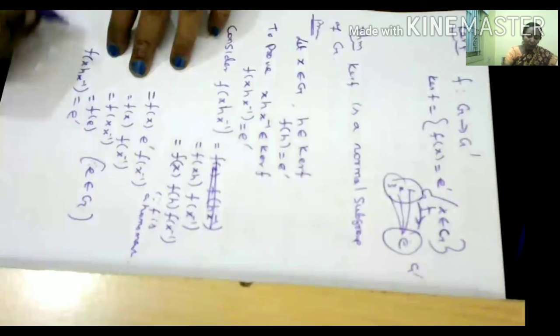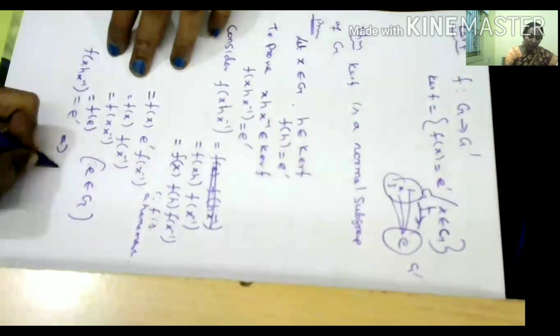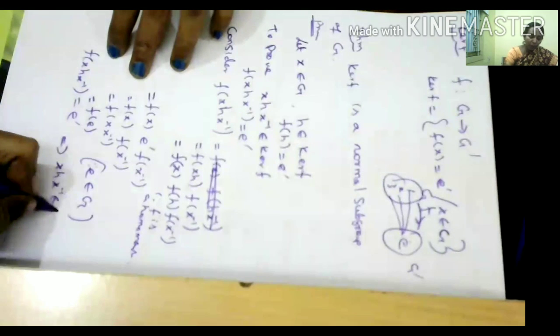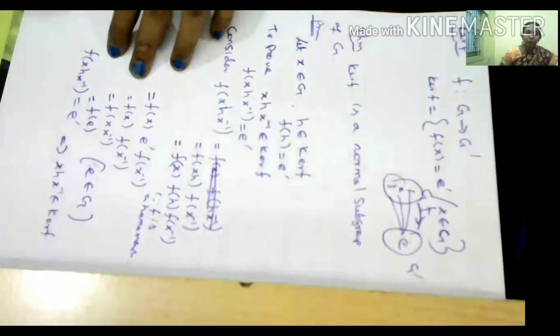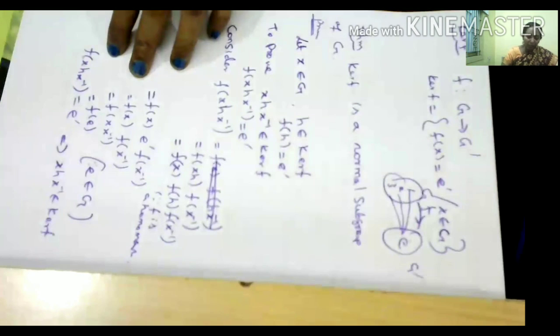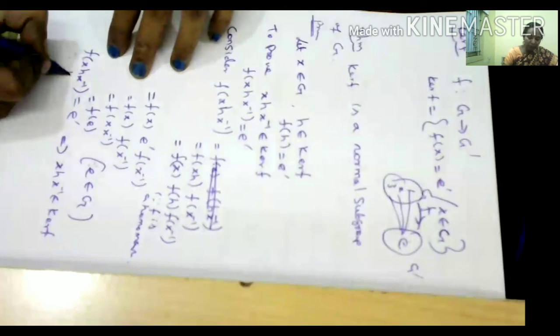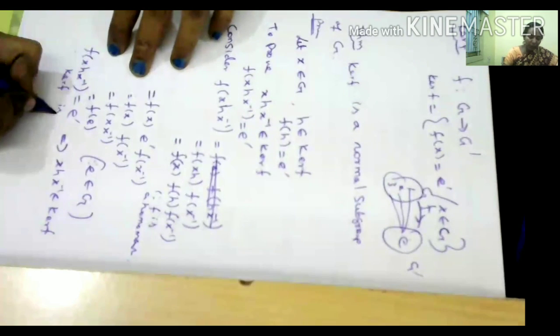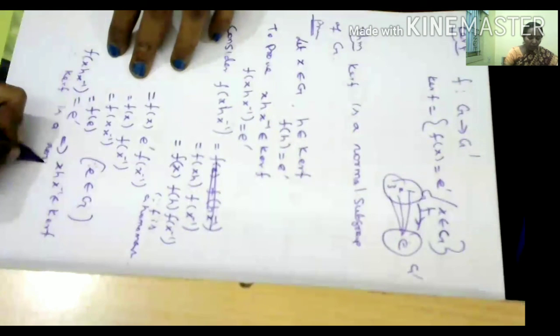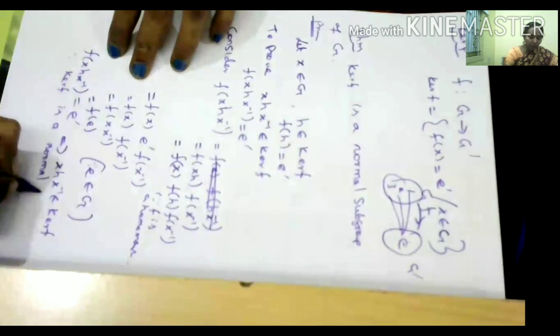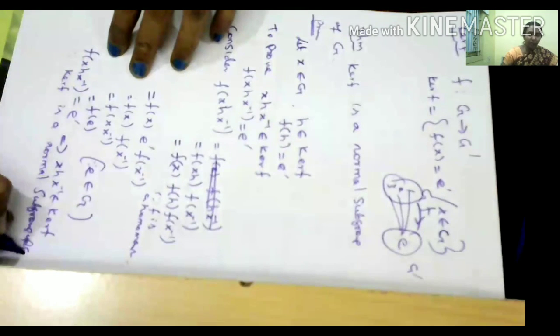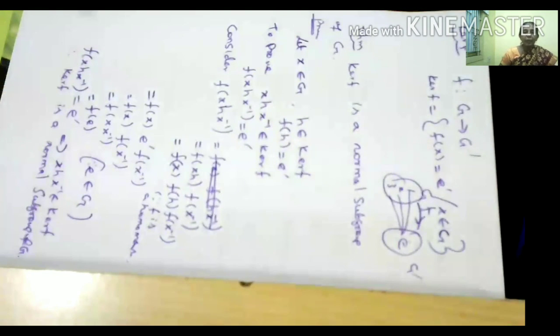Therefore X H X inverse belongs to kernel F. Now we can conclude that kernel F is a normal subgroup of capital G. This is how we prove that kernel F is a normal subgroup.